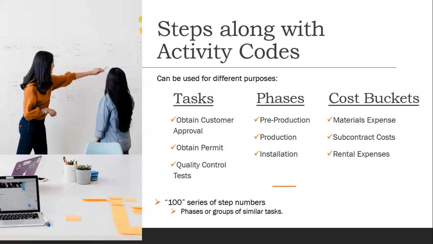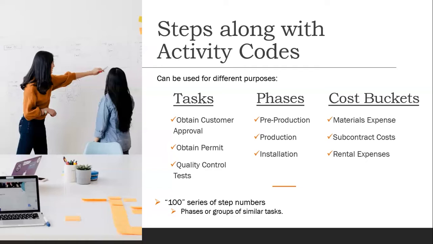A way that can be broken out in the work ticket is to signify different 100 series of steps, which will help us show that the 100 series is for pre-production, the 200 series of steps is production, and maybe the 300 series is installation. That way we can have multiple steps within each of those phases, but we also can easily understand what each phase is.